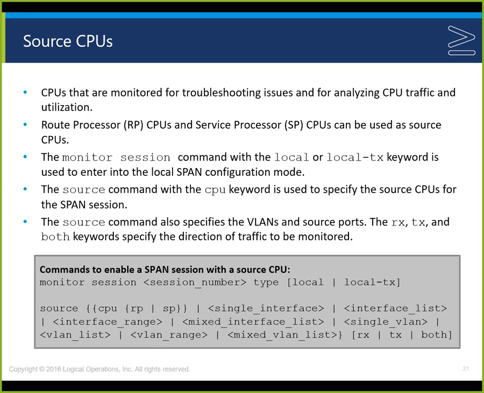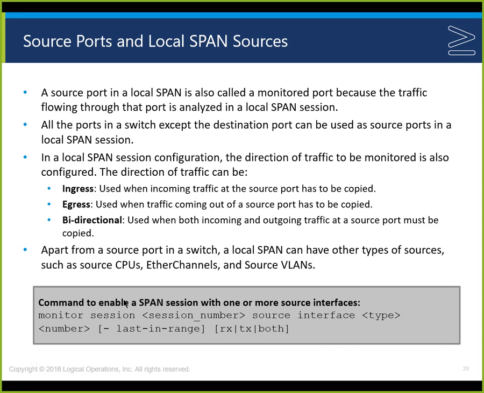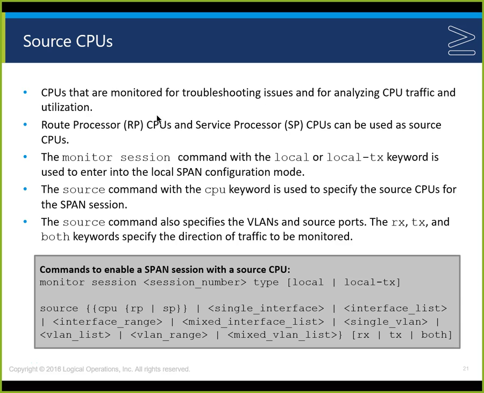If the device is not performing to the level that we think it should, and we think it may be a CPU issue, then we can do that monitor session. Local TX keyword. The commands are down here. Source CPU, single instance, interface list, whatever we need to monitor with this.